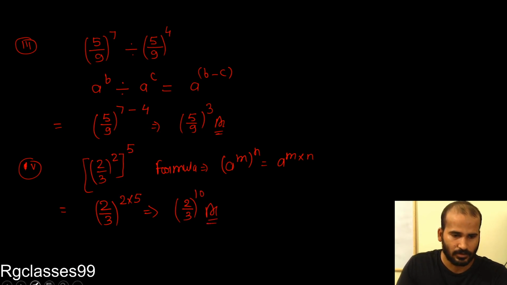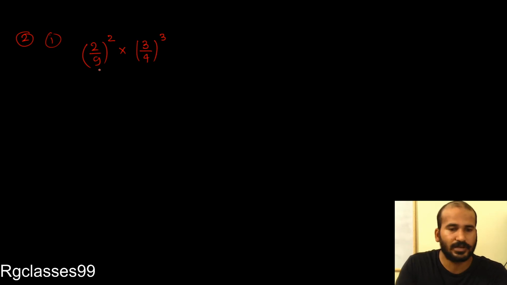Okay, now look at the next question. The next question is question number 2, which says simplify. The first question is (2/9)^2 into (3/4)^3. Look, these two numbers are of different types. If the expression works with a formula, then we apply the formula, but here no formula is like this.